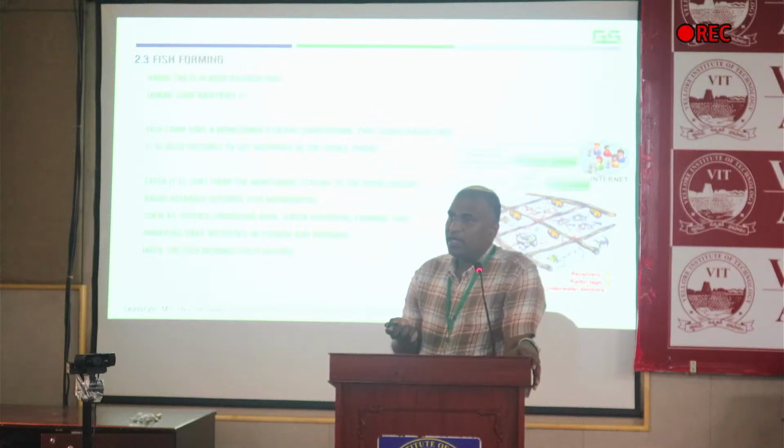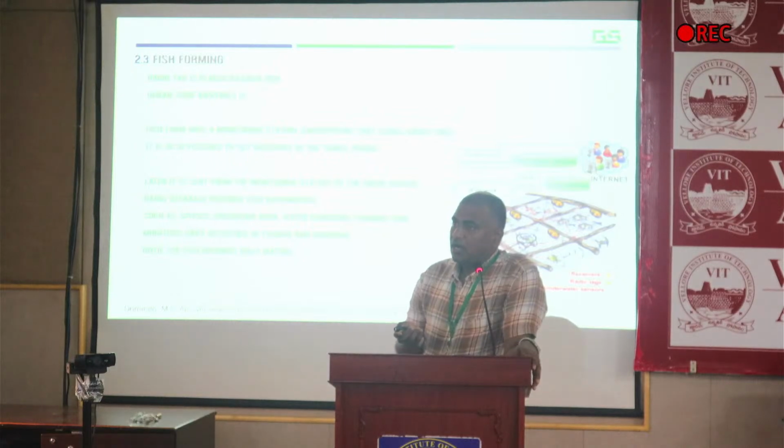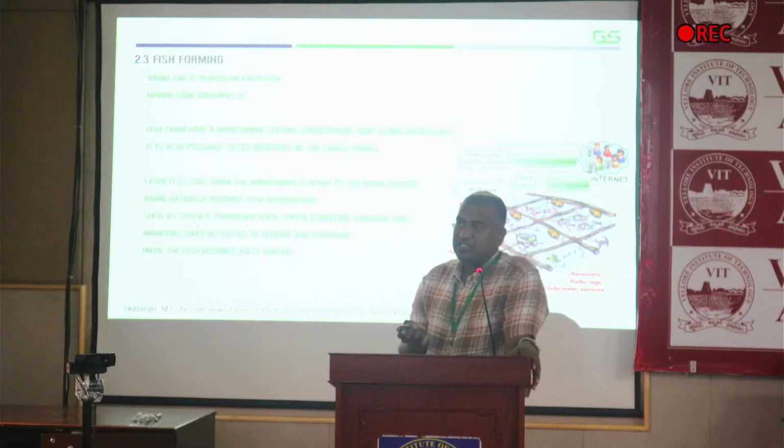So to find the producing area, species, and some of the fishes need different water conditions. To check the water temperature and other things, they use sensors, and those sensor data will be transferred using UWSN. So this is one of the application areas.